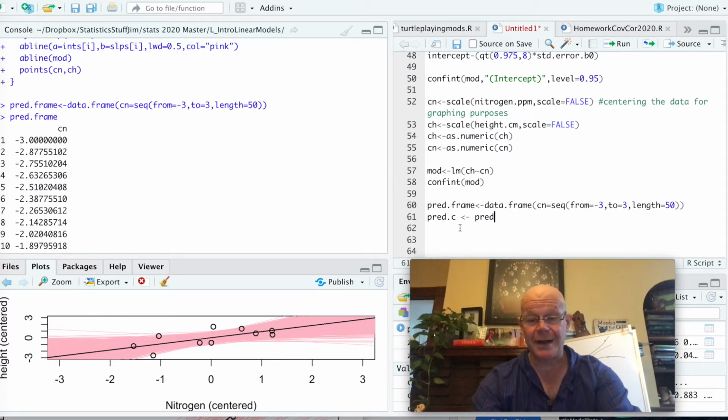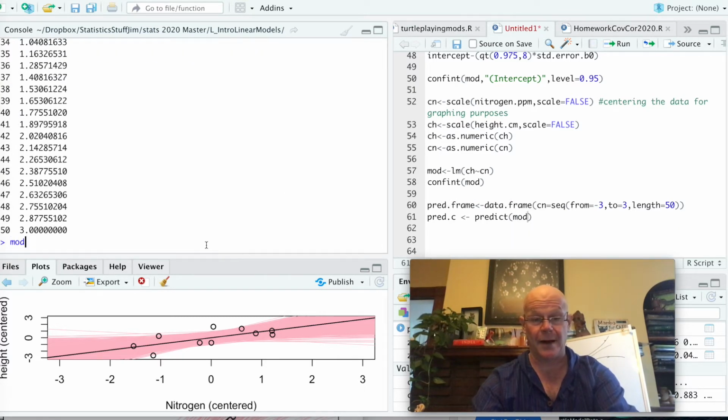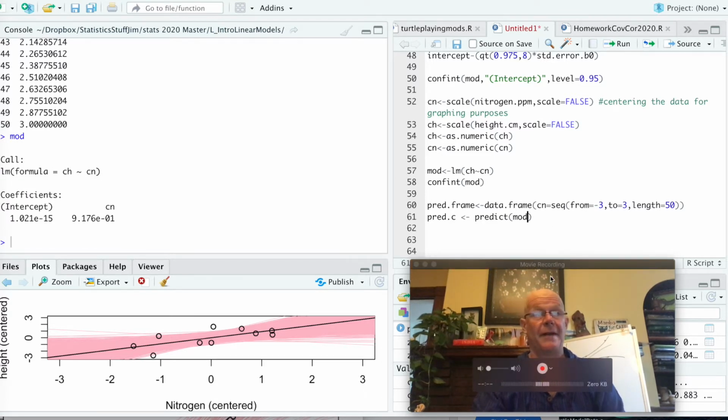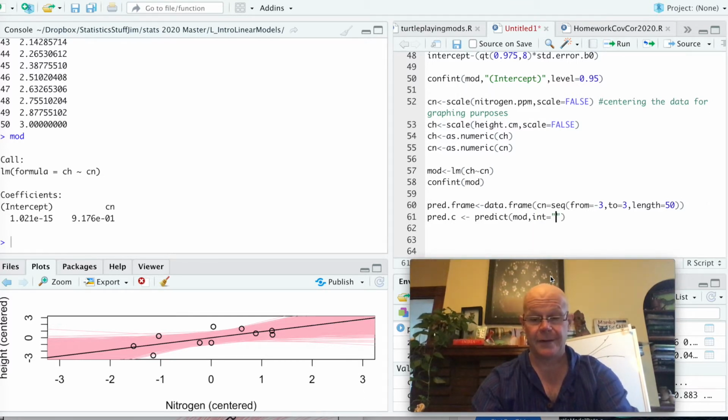I'm going to say predict, and I'm going to predict what? It's going to be based upon my model, because again, we have a model, and our model we are really happy with. That is our model. So I'm going to predict based upon that model. The interval that I want is the confidence. Confidence. That is how you spell confidence. Good.